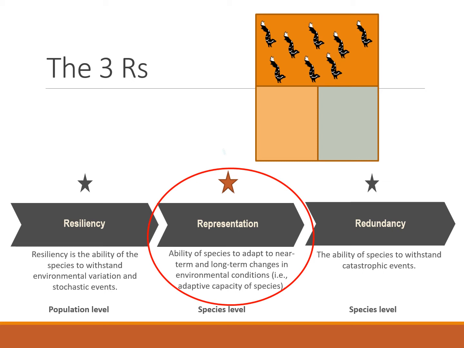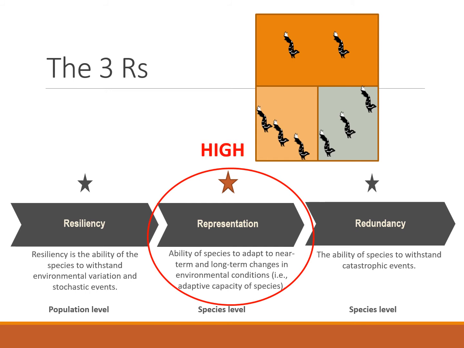Well, this is really low representation, right? Because you don't have those 2 other units of variation covered. However, if you redistribute your spotted skunks and you get each of those units of genetic variation represented, then you have high representation.